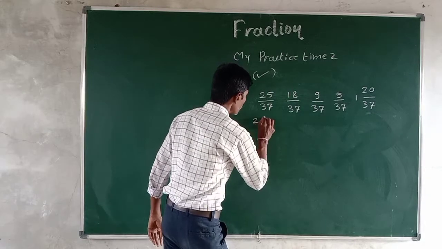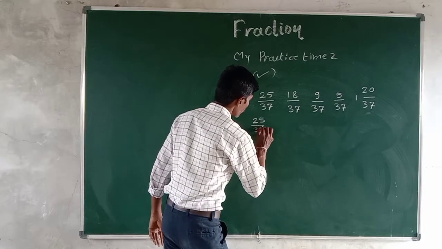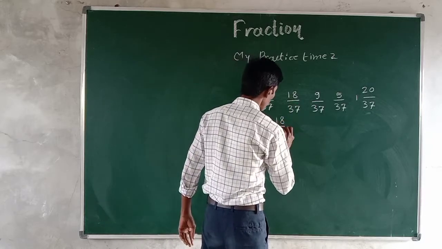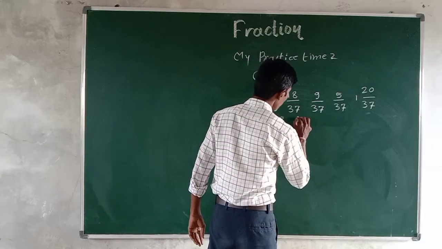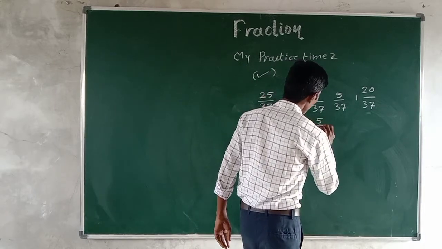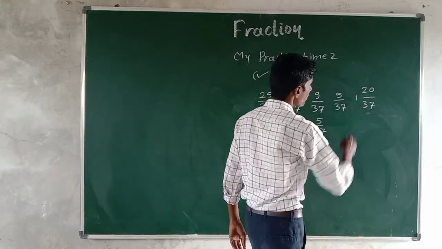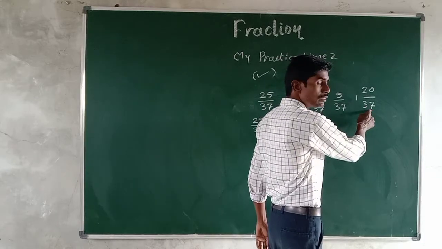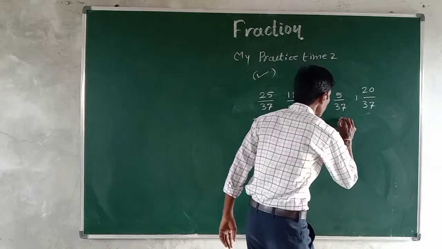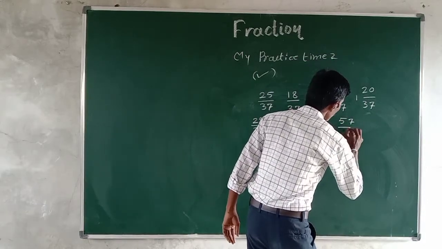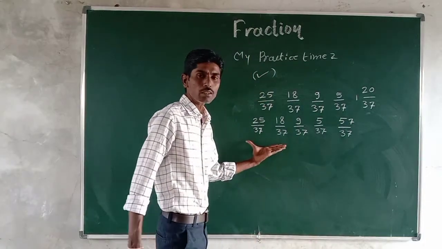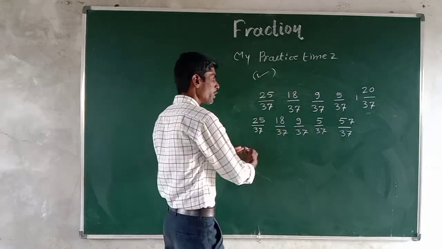So 25 upon 37, then 18 upon 37, then 9 upon 37, 5 upon 37, and this is 37 into 1, that is 37, plus 20, that is 57 upon 37. Ascending order means smallest to greatest.